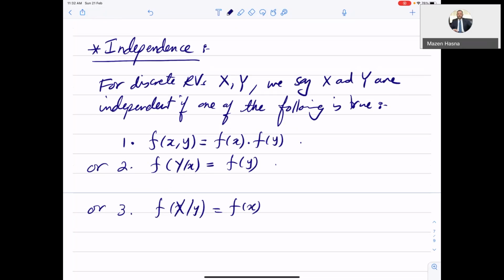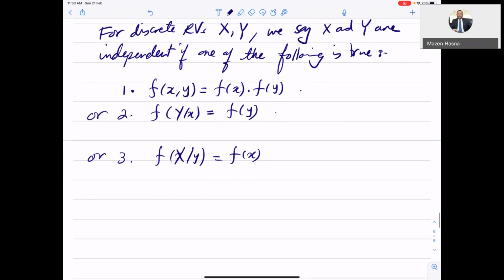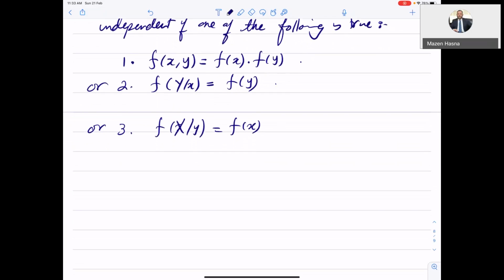So if any of those conditions is fulfilled, then it means that x and y are independent. So let's see this example.